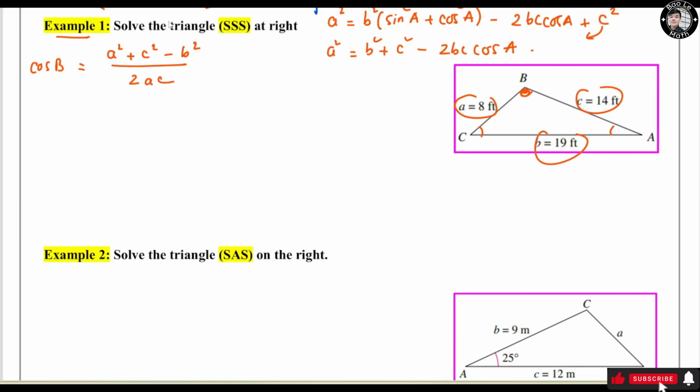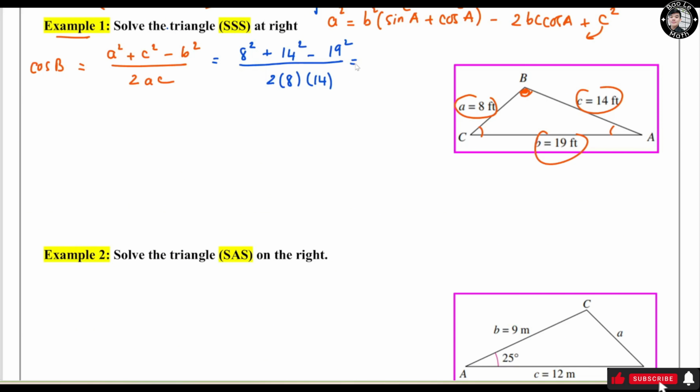Now we just plug in values. A squared is 8 squared, plus C squared, which is 14 squared, minus B squared, which is 19 squared, over 2 times A, which is 8, times C, which is 14.